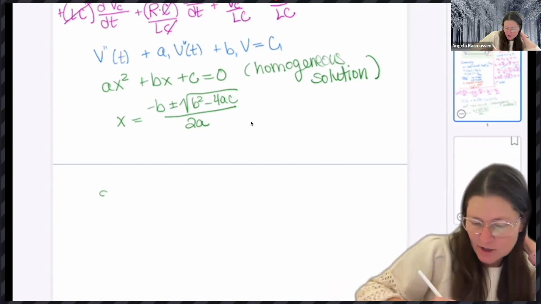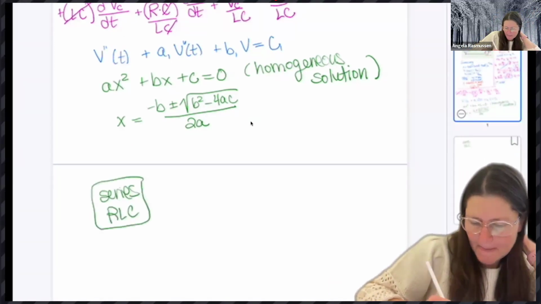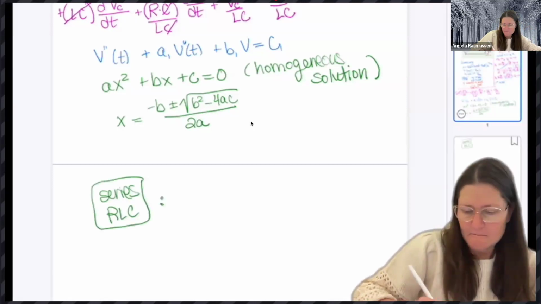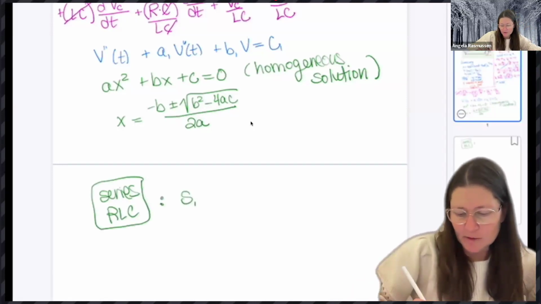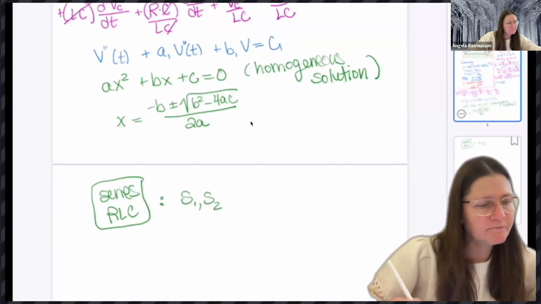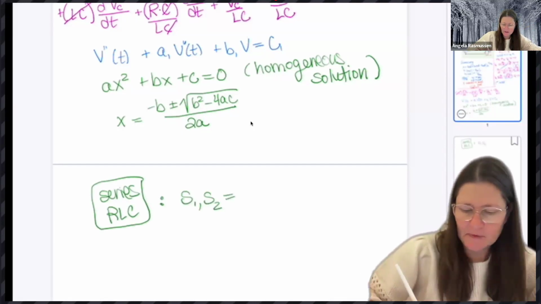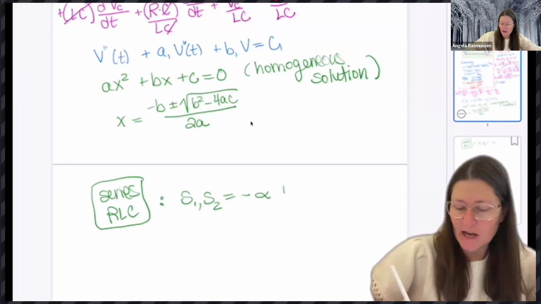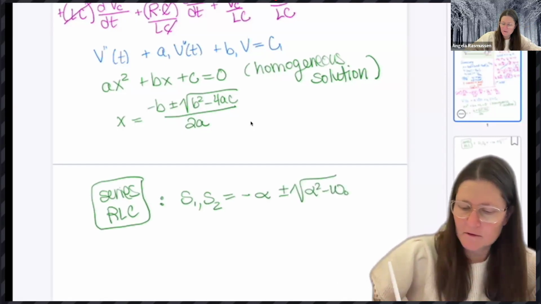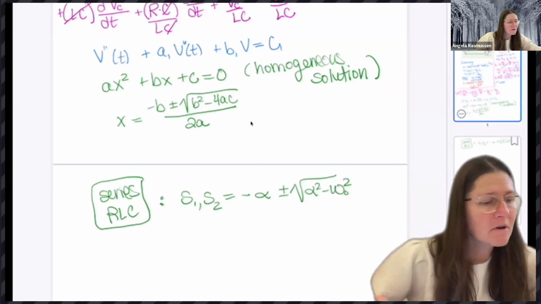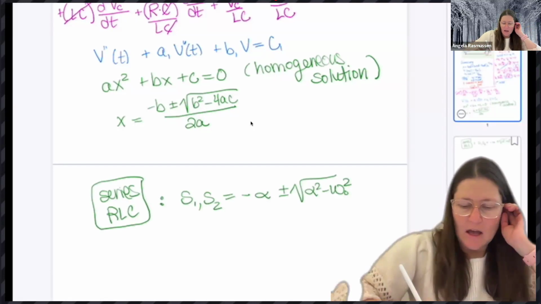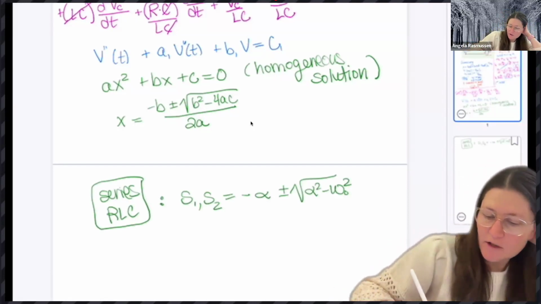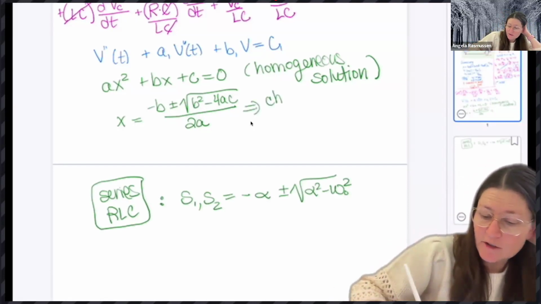So in a series RLC, we call those roots S1 and S2, and we're going to introduce these two terms, alpha and omega naught. And if you remember, this is also called a characteristic equation.